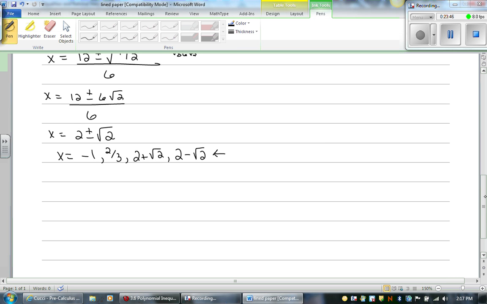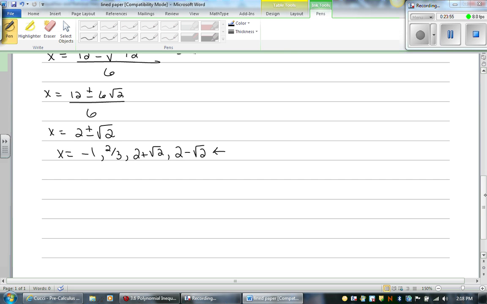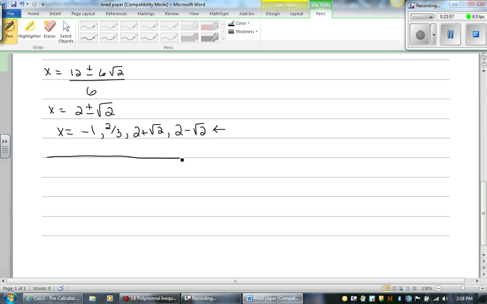Okay, so I've got all my pieces that I need. What I'm going to do now is place them on that number line. Okay, so here's all my values. My first one is going to be that value of negative 1.